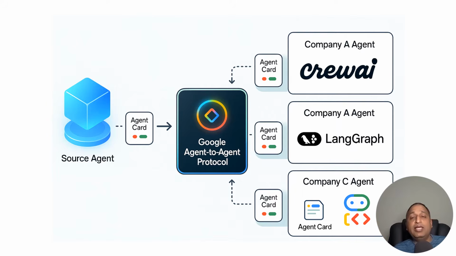MCP helps an individual agent connect to multiple tools, whereas A2A helps an agent connect with multiple other agents. So we will see some of the core components of the agent protocol, and then I will start the code walkthrough. We'll build the agents one by one, and see how to write the agent card and the A2A server, the different components. In the end, we'll build a UI which will connect to these agents and answer user queries.